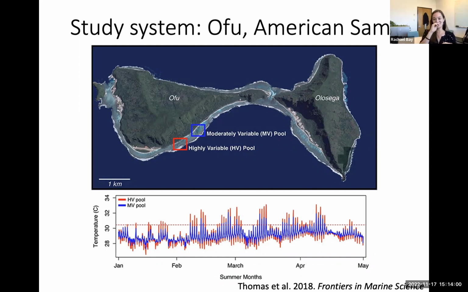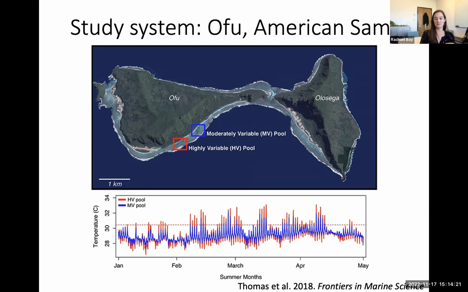The dotted line you see here at about 30.5 is the nominal bleaching temperature for corals in this region. So both of the pools actually exceed the bleaching temperature regularly, but the highly variable pool does this by 3, 4, or maybe even 5 degrees sometimes. So that's pretty dramatic.